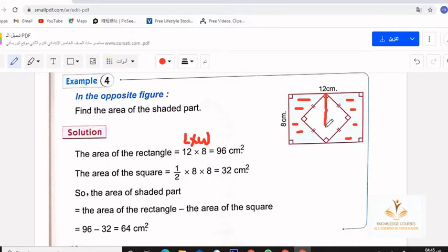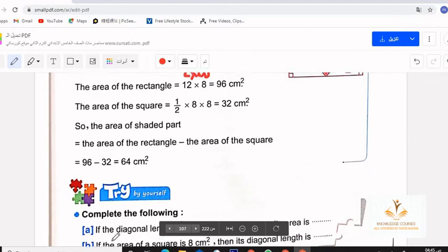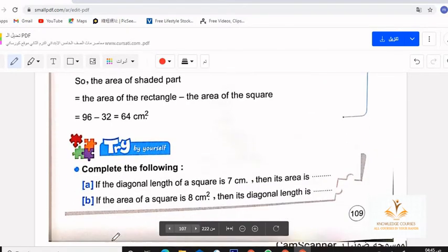This is the diagonal. So the area of a square equal half multiply 8 multiply 8 equal 32. The shaded area equal the area of rectangle minus the area of square. So the shaded area equal 96 minus 32 equal 64. Okay.